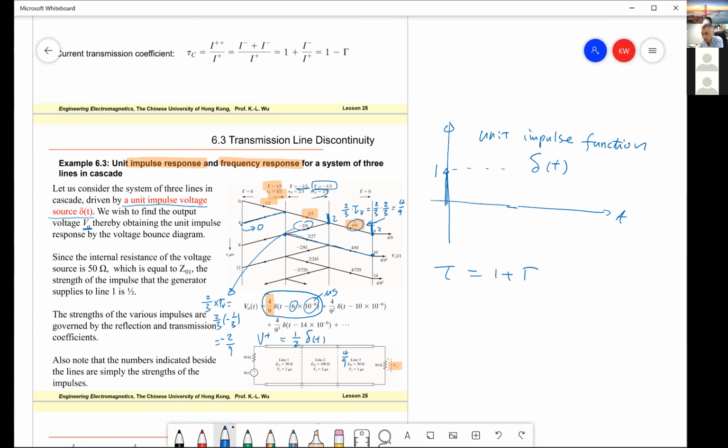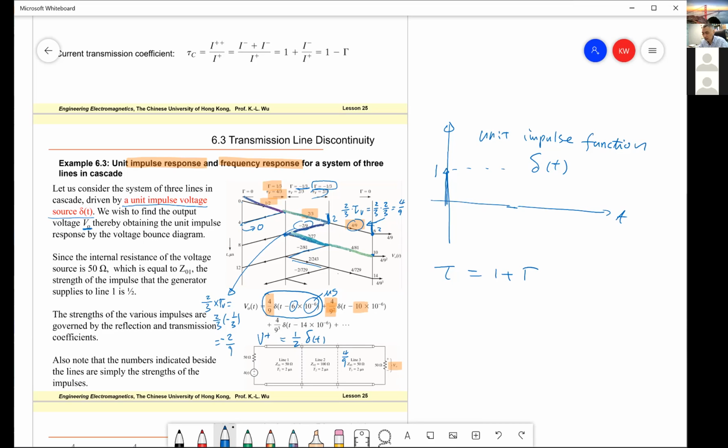How long does it take? 2, 4, 6, plus another 2, 4, total is 10 microsecond delay, with this magnitude, and so on. Then you can move on, have another reflection and so on.